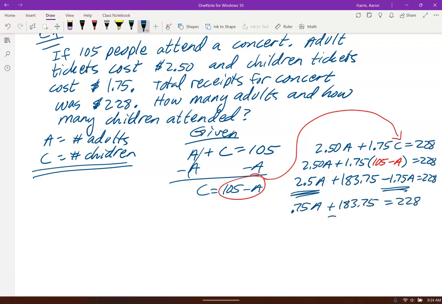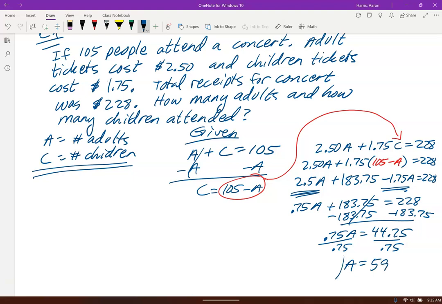Remember, we're solving for A. Now we're going to divide by 0.75. Gives me 59. So there's 59 adults that attended.